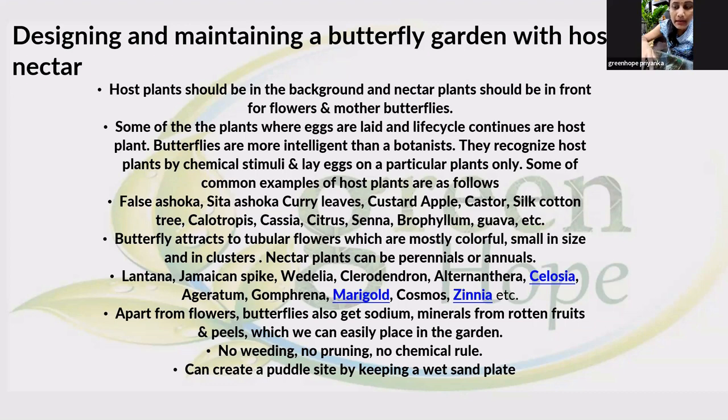Only custard apple and lemon and some plants I've kept, and I somehow kept them on my window. So I saw tiny tiny eggs on my custard apple plant. Likewise for the tailed jay and common jay butterfly, you can even grow champa, which is called son chafa. That plant is also a very good host plant for the tailed jay and common jay butterfly.